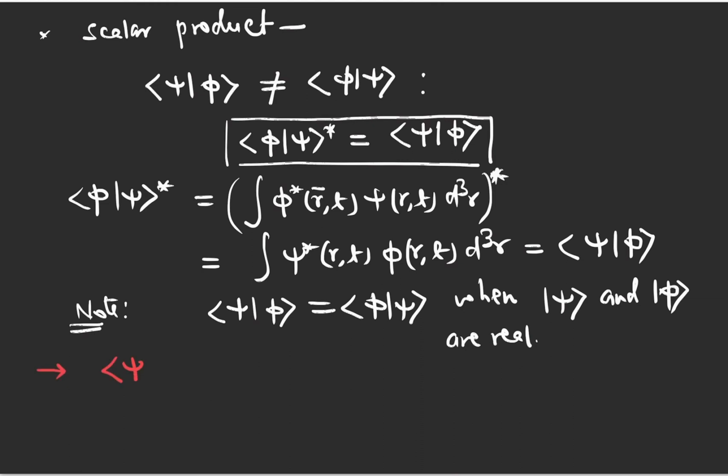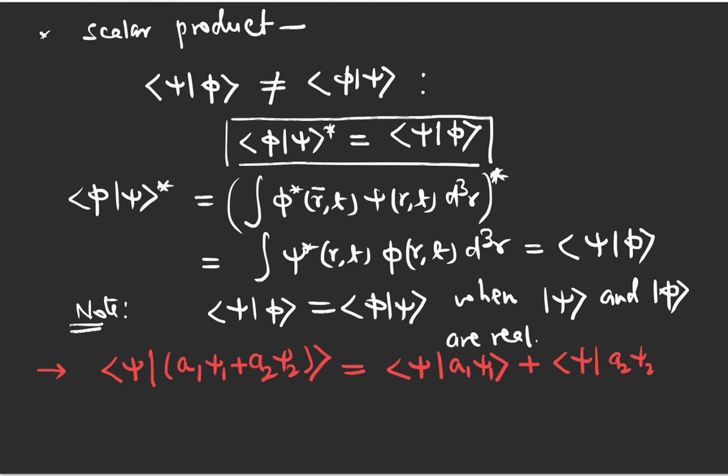Bra psi ket a1 psi 1 plus a2 psi 2 ket is equal to, you can write, bra psi ket a1 psi 1 plus bra psi ket a2 psi 2, which is equal to a1 bracket psi psi 1 plus a2 bracket psi psi 2.